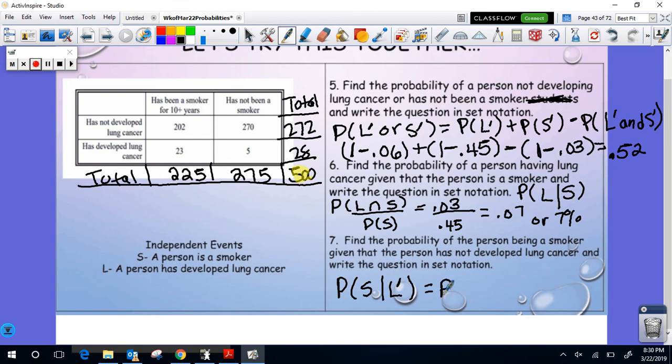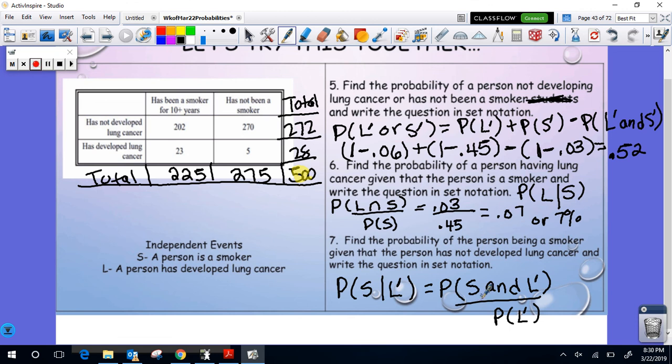You get the probability of the person being a smoker and not having lung cancer over the probability of not having lung cancer.